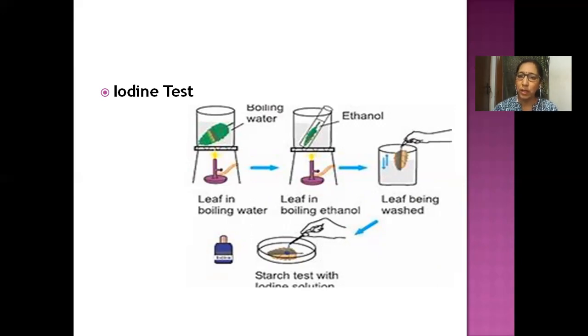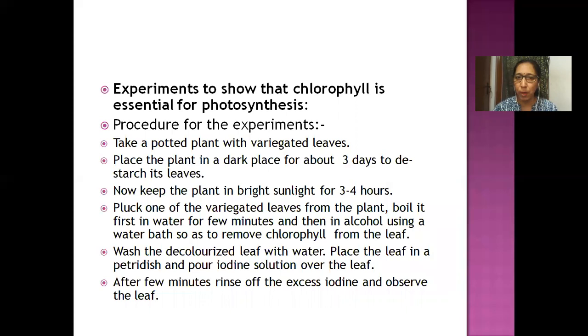After boiling the leaf in alcohol, the leaf is taken out and washed well in cold water. Then this leaf is transferred into a petri dish where a few drops of iodine are added. If the color changes to blue-black, that represents the presence of starch. Okay, let's get into the experiments here.